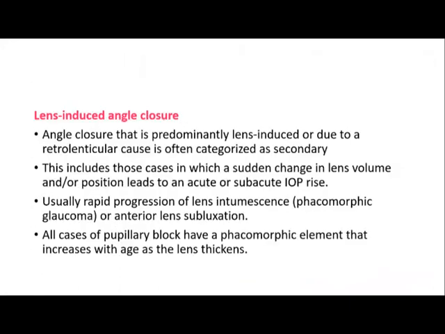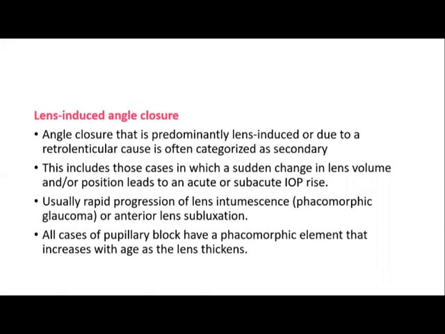angle closure. Lens-induced angle closure is angle closure that is predominantly lens-induced; a retrolenticular cause is often recognized as a secondary cause behind that. This includes those cases in which a sudden change in lens volume or position leads to an acute or subacute intraocular pressure rise, usually with rapid progression of lens intumescence or anterior lens subluxation.